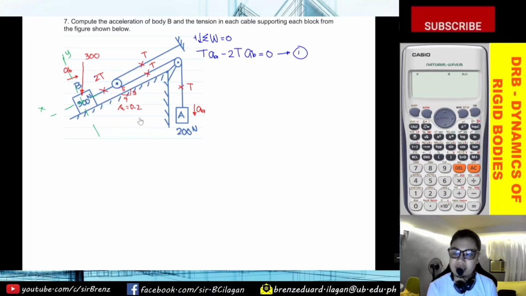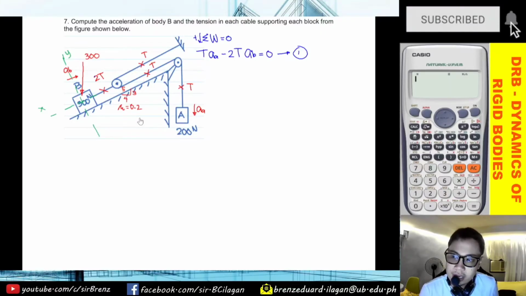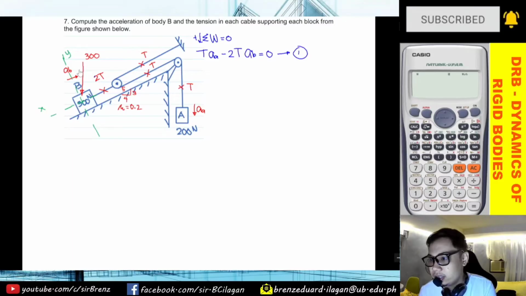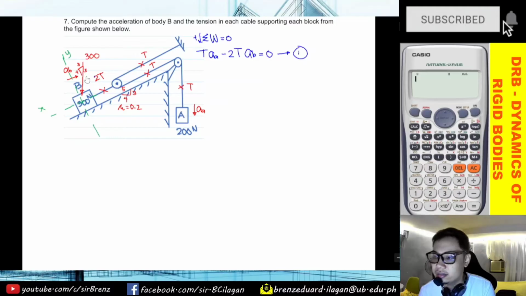Since may given na coefficient of friction, meron tayong frictional force na i-consider. So ito yung ating 3, ito lang din yung magiging theta natin. This is 3, this is 4, and this is 5.